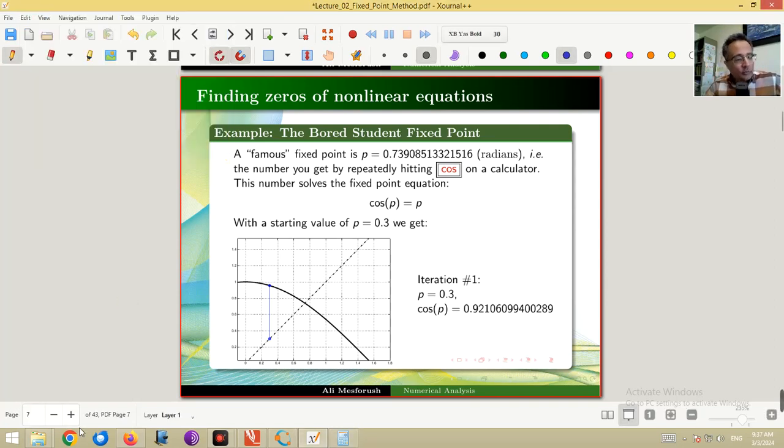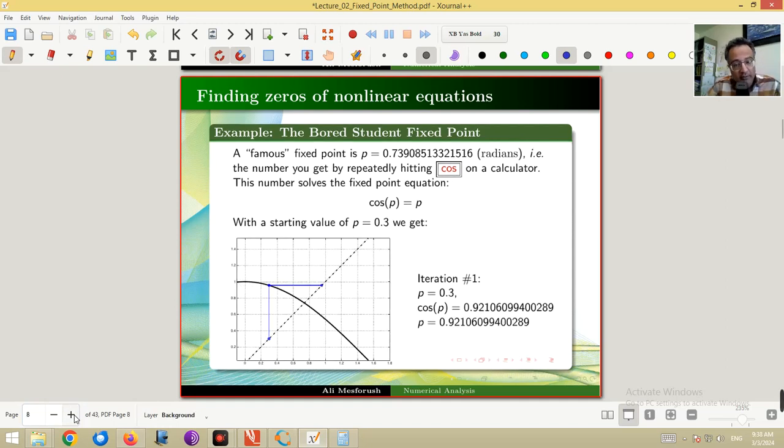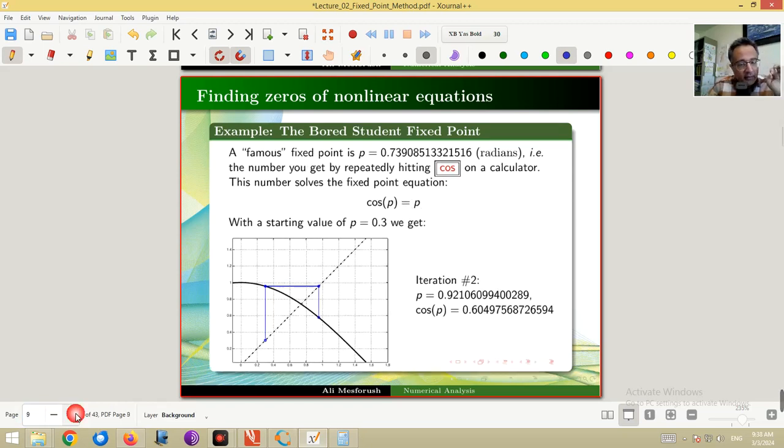Okay, I can show you this on this graph. If you consider this is a part of the cosine function and we start from, for example, a number like 0.3, okay, and we push cosine on 0.3, we get a number very close to 1, like 0.921 and so on. Okay, and if we push cosine again, we get this new number.